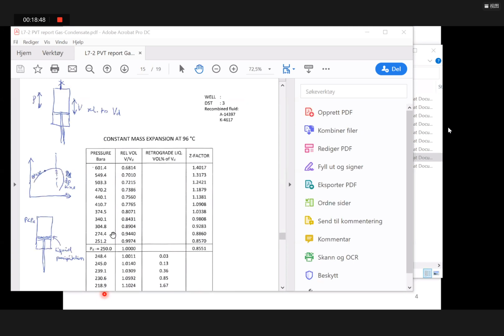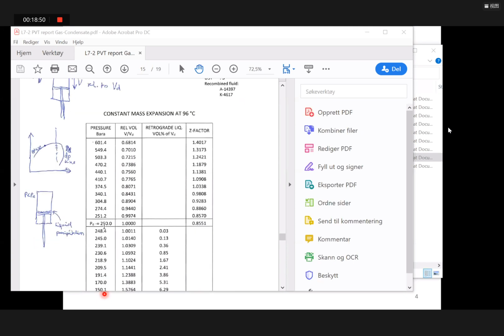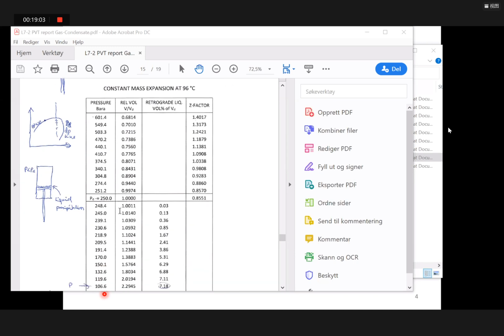All volumes refer to the dew point, which was measured to be 250 bars. And then we reduce the pressure into the two-phase region, and we start to precipitate liquid from the gas phase.